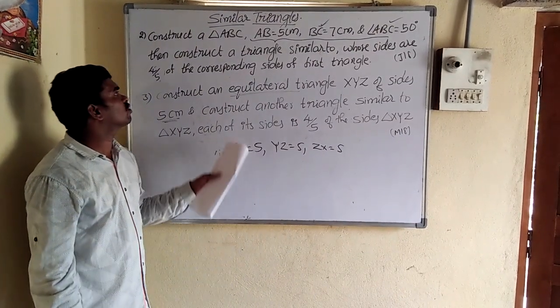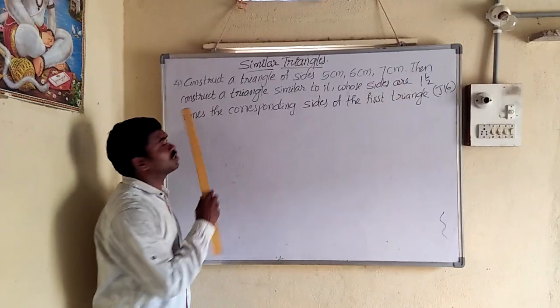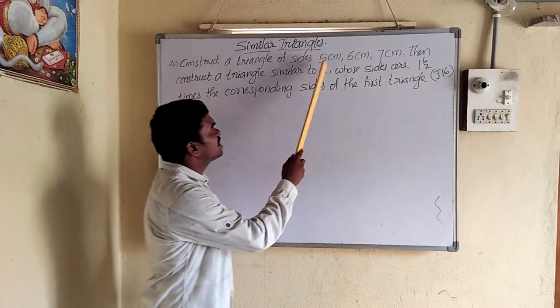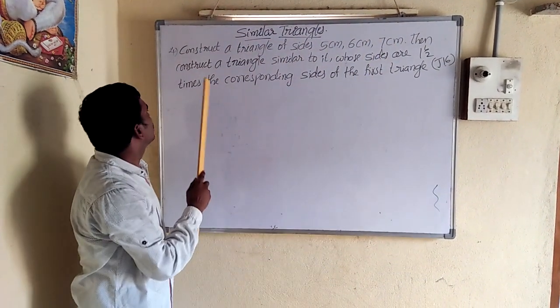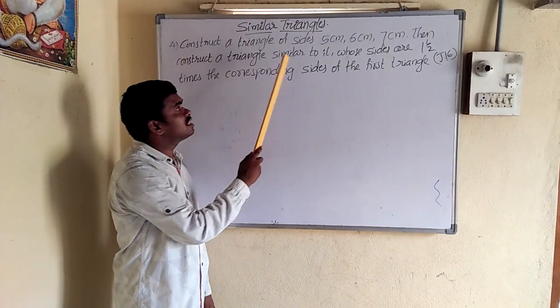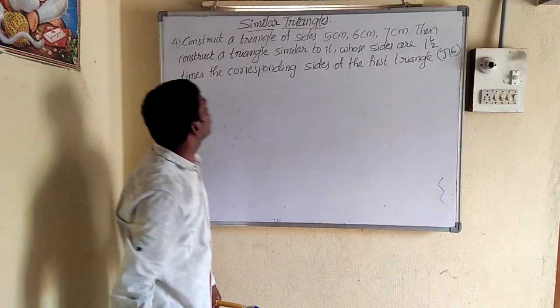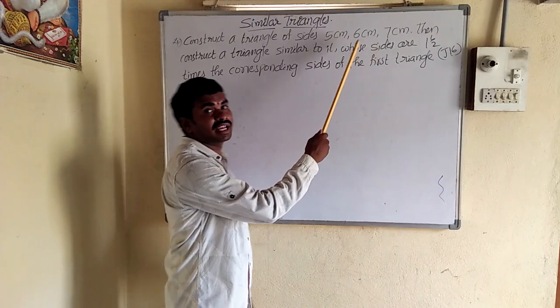Next, taking one more question, of the more-than-one type. The fourth question: construct a triangle of sides 5 cm, 6 cm, 7 cm. Then construct a triangle similar to it, whose sides are 1.5 times the corresponding sides of the first triangle.